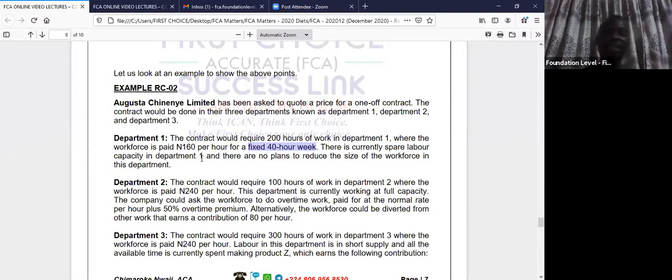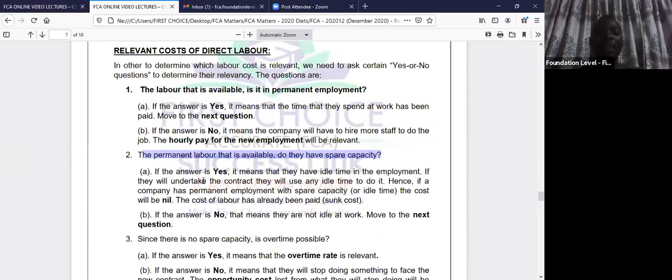What does that tell you? There is spare capacity. And what do we say about spare capacity? If we say yes, it means they have idle time. They have already paid them for their time. So that means if they do the contract with their idle spare capacity, the relevant cost is nil.